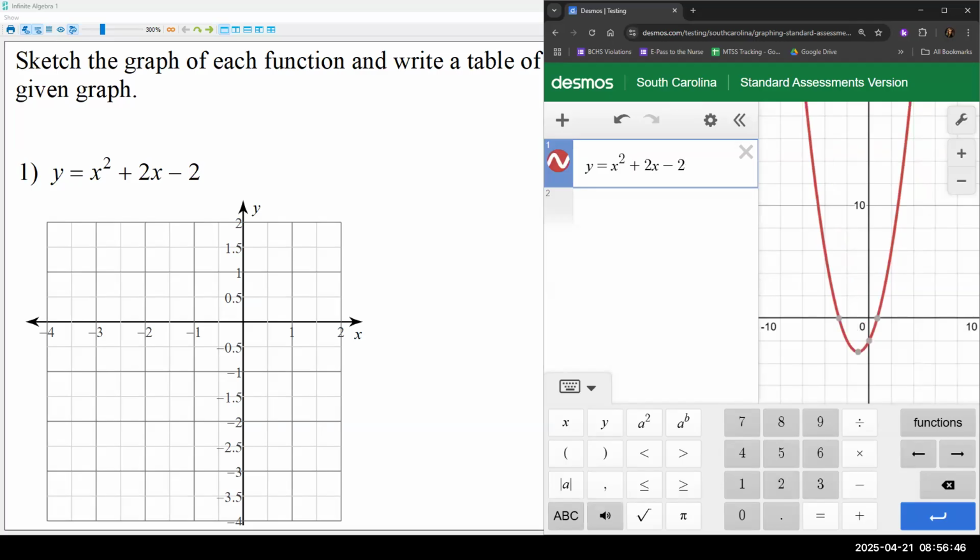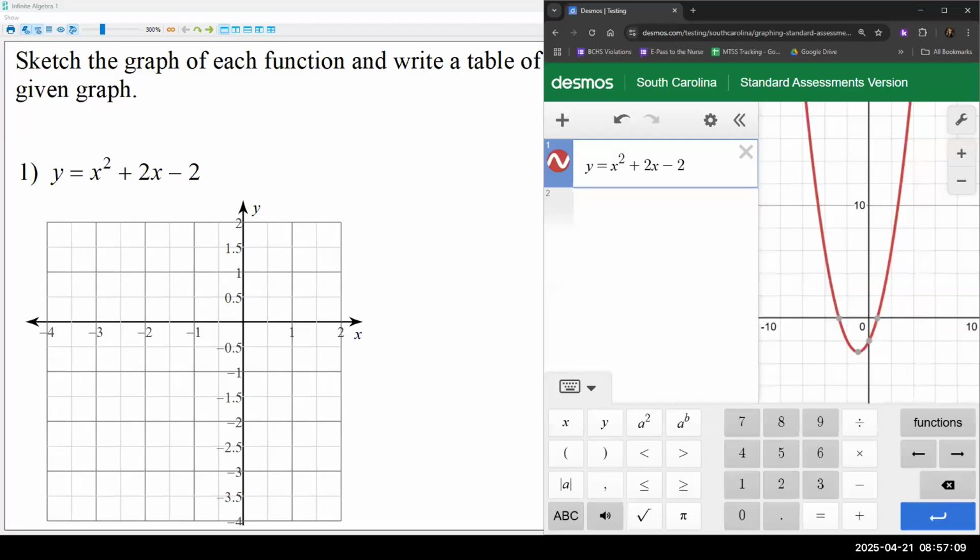Now, most important, when you look at your graph, it should make either a U shape or, if we put a negative in front, an upside down U, an N shape. If it makes a line or something else crazy, you did something wrong. So first it needs to make one of those 2 shapes.